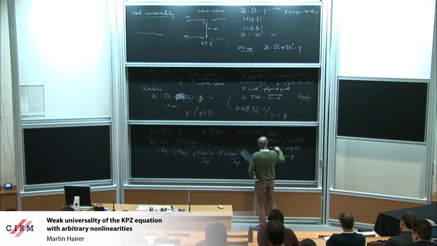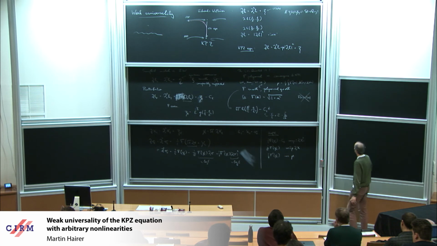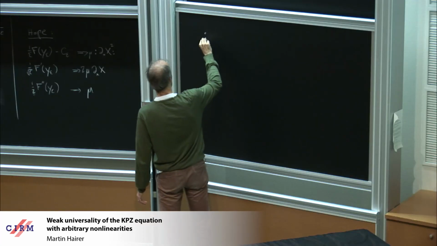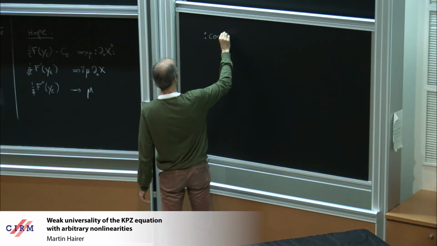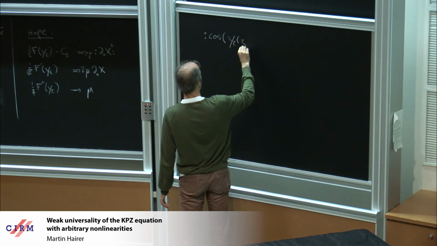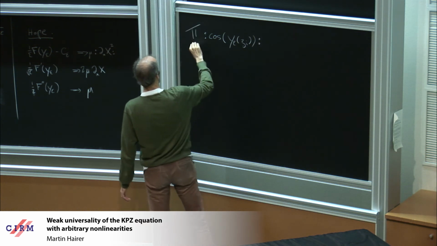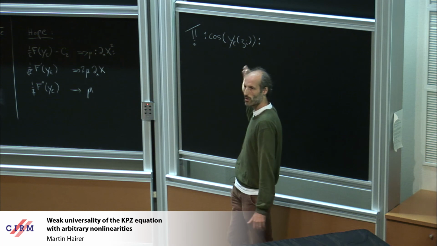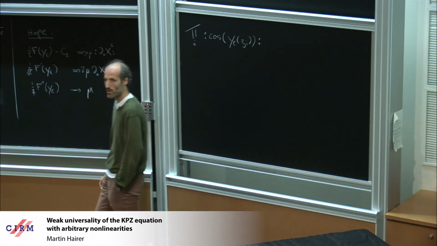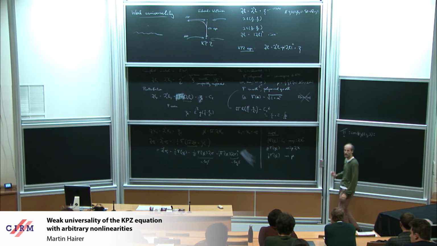Then you have to control expressions, you need very precise control on things like trigonometric polynomials of these y epsilons evaluated at different space-time points, with k in front here.